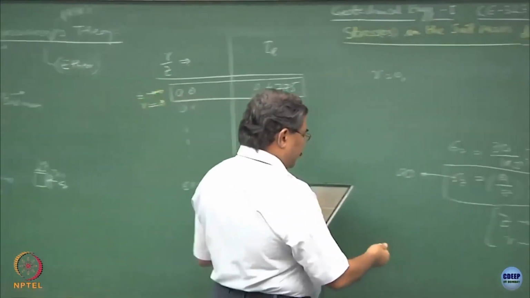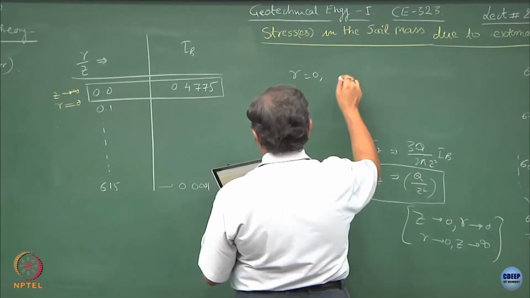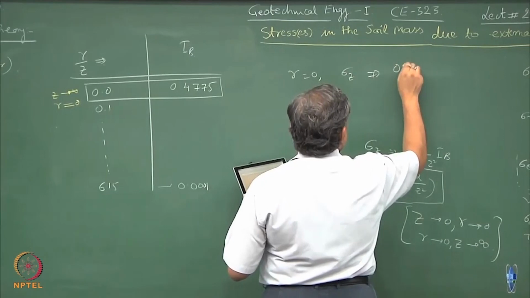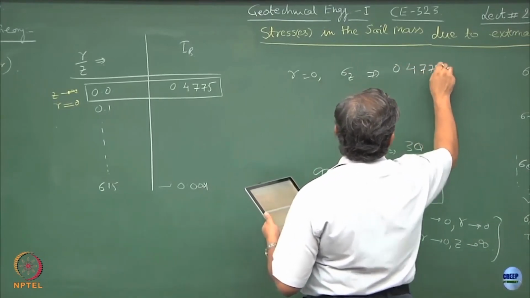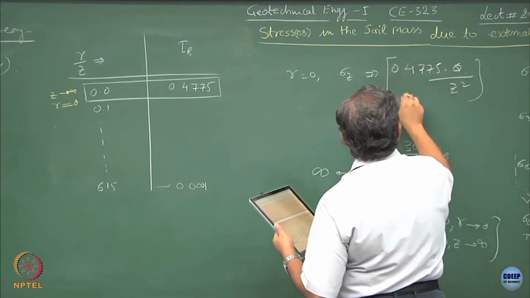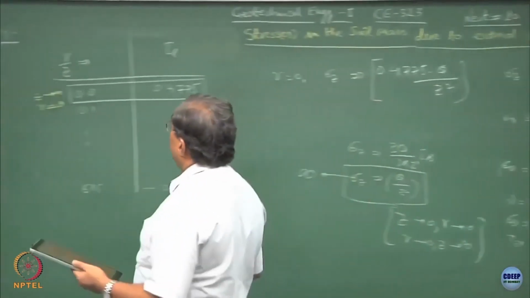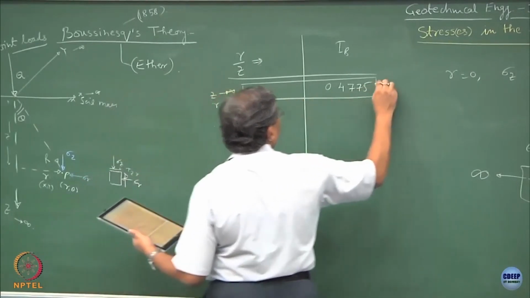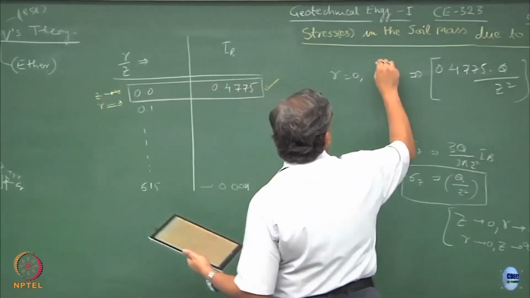So, this is a solution when R equal to 0, we say that sigma Z equal to 0.4775 Q upon Z square. Now, the point is, this is the solution which normally is used to obtain the sigma Z.